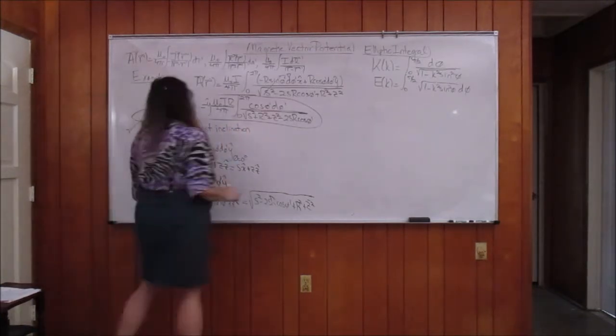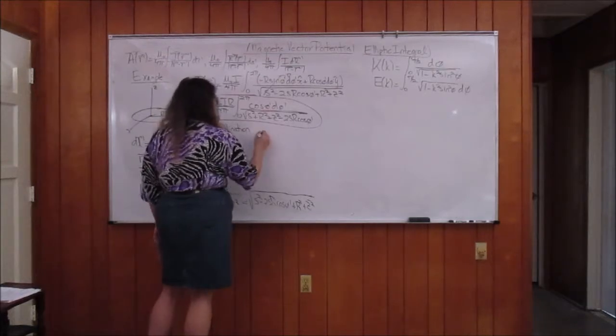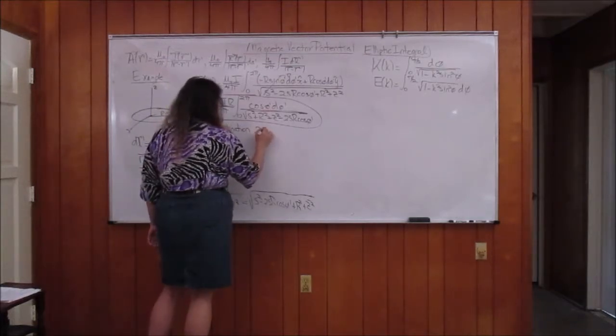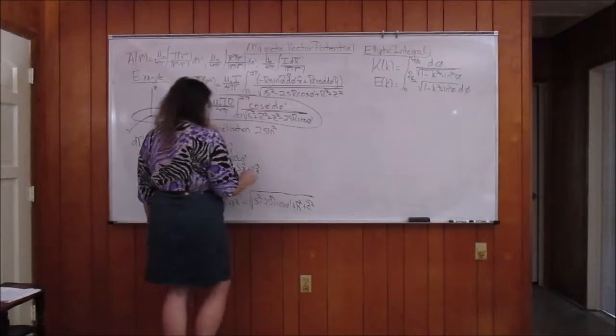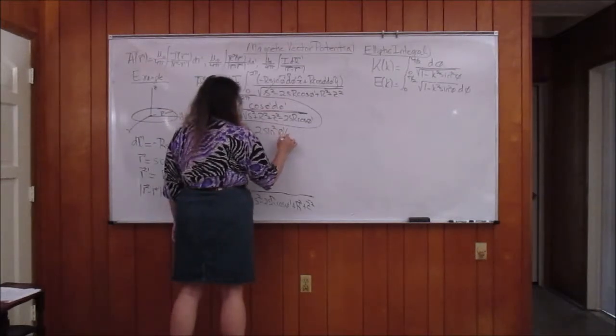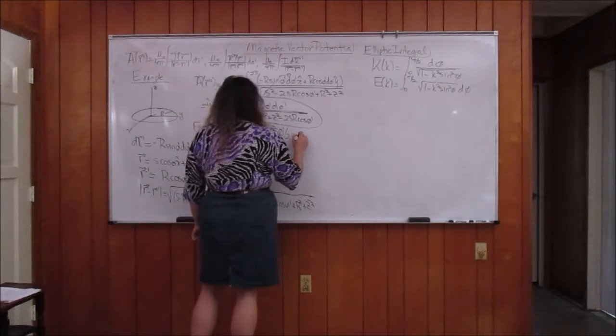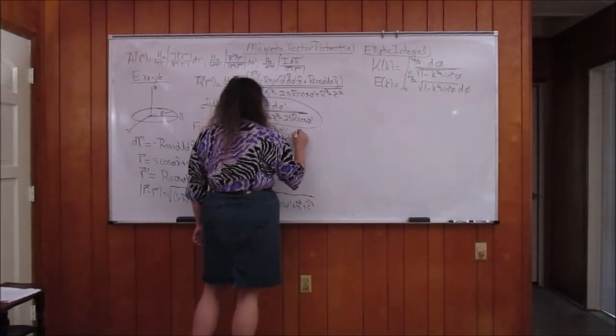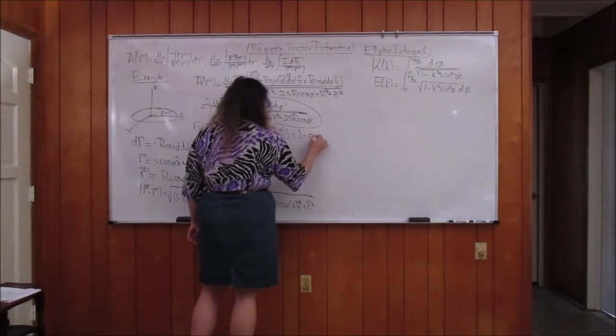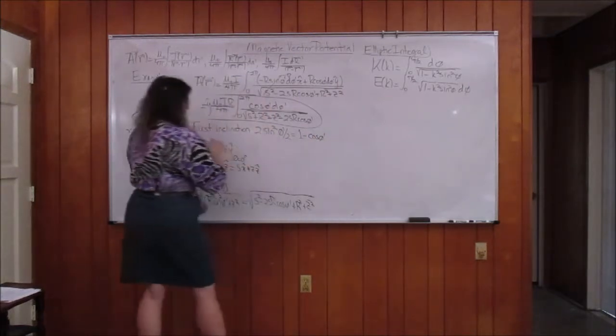First inclination might be to choose 2 sine squared phi prime over 2 is equal to 1 minus cosine phi prime.